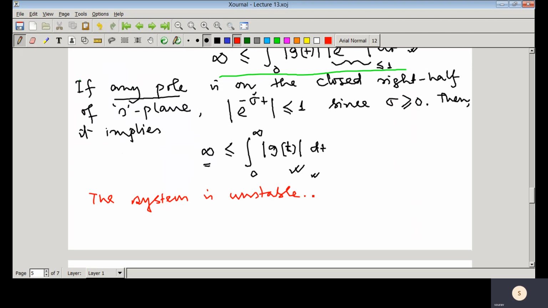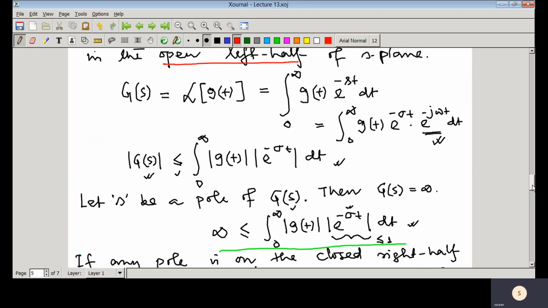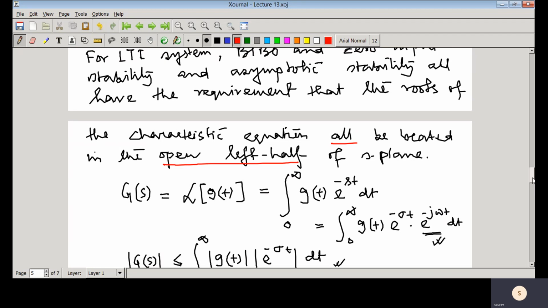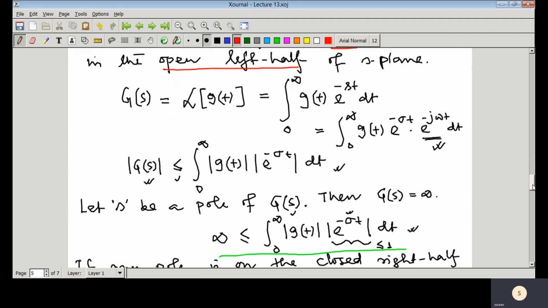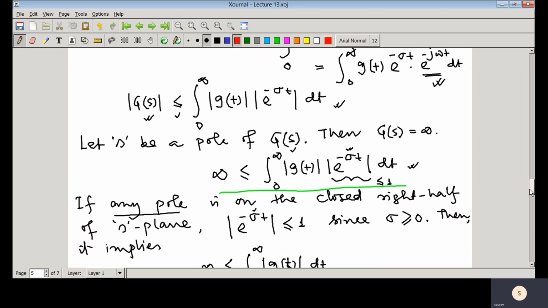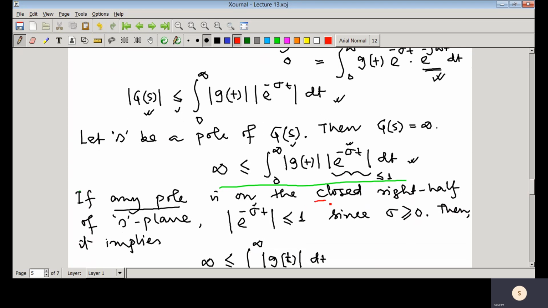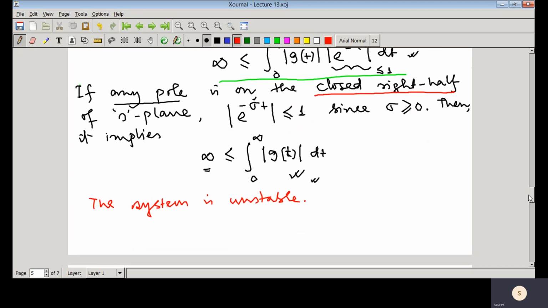So from this remark, what we have seen is that if you consider an LTI system, a linear time invariant system, and any one pole lies in the closed right half of the S plane, that means it may lie on the imaginary axis or in the right half of the S plane, the system becomes unstable.